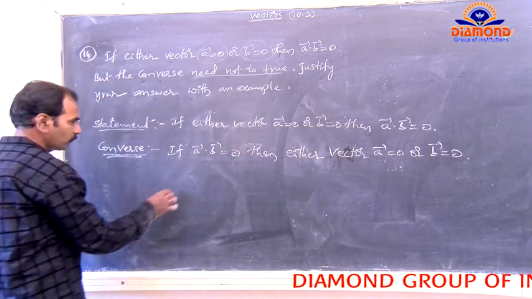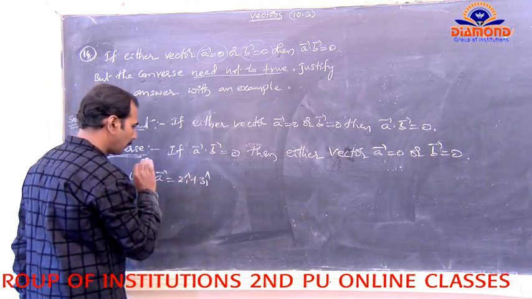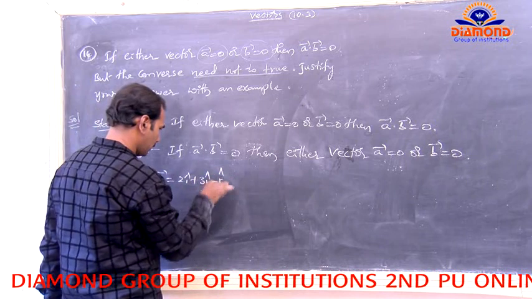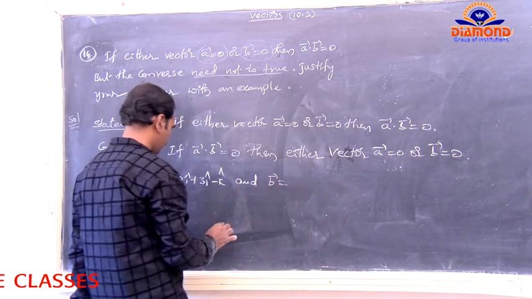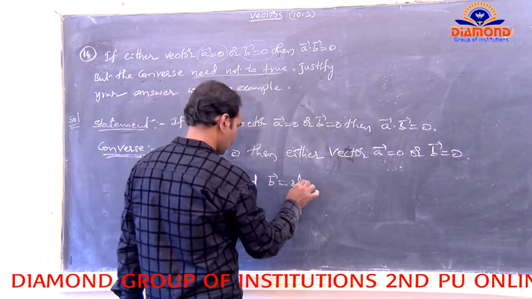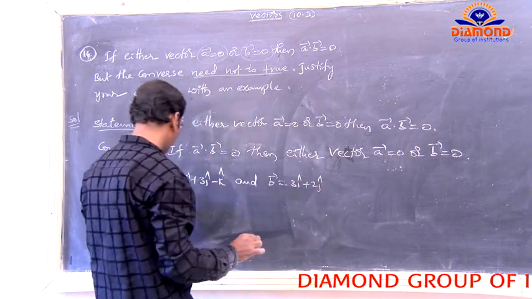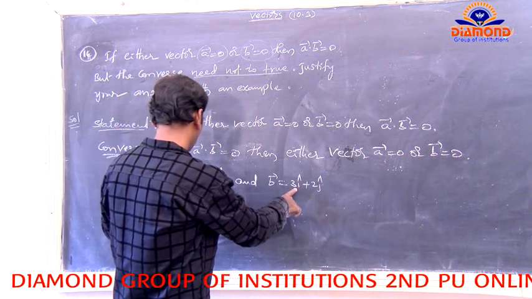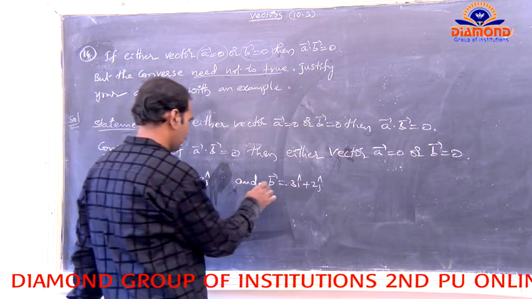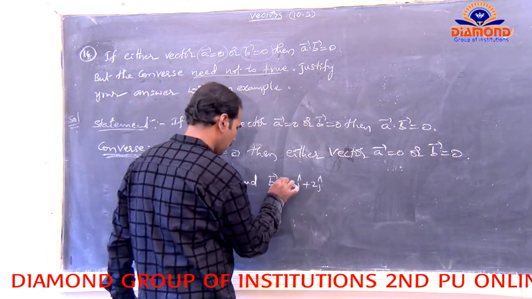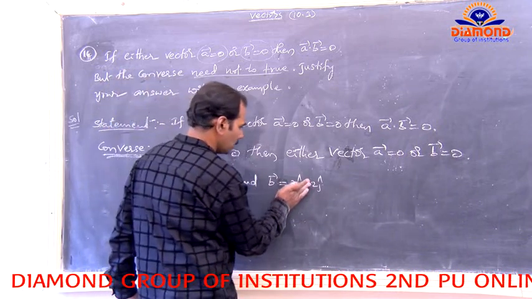Now the proof. First let A bar equal 2i cap plus 3j cap minus k cap, and B bar equal 3i cap plus 2j cap, with a minus here.